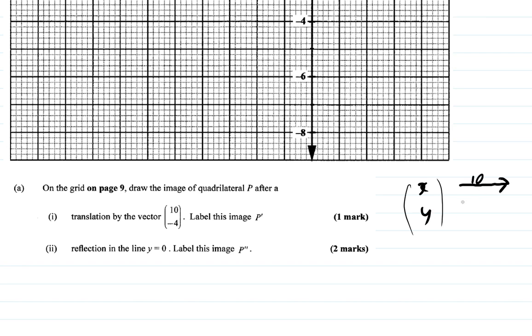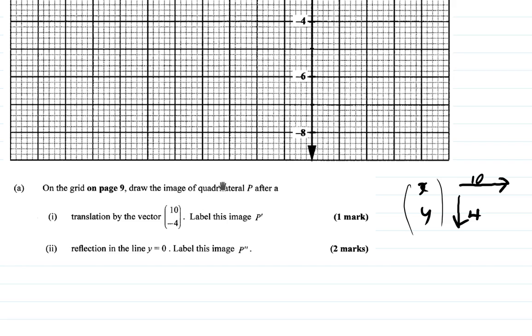Negative 4, that's y, means it moves 4 places down. Remember that. If it was negative 10, it would be to the left. If it was positive 4, it would have been up instead of down. Alright?